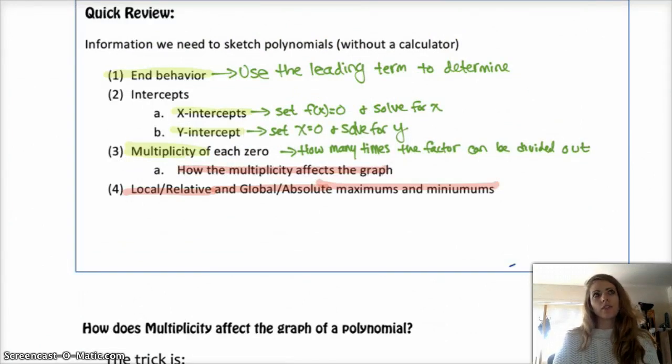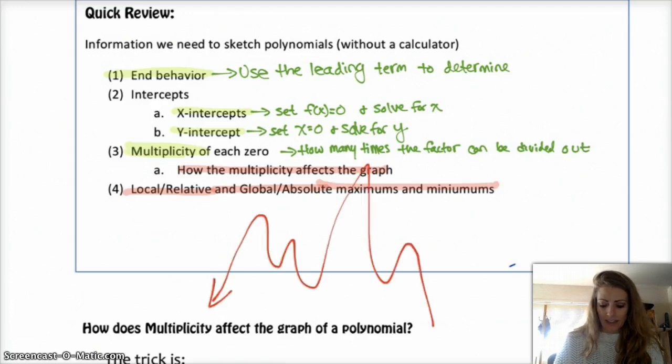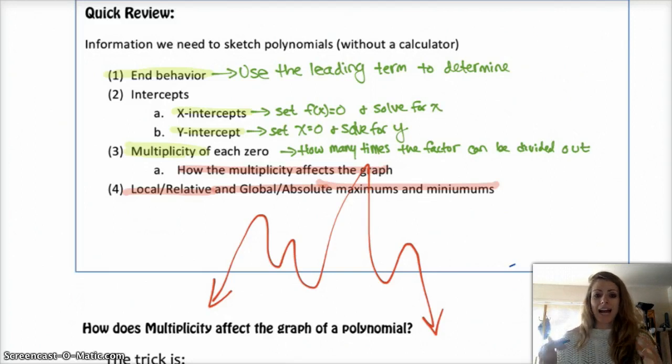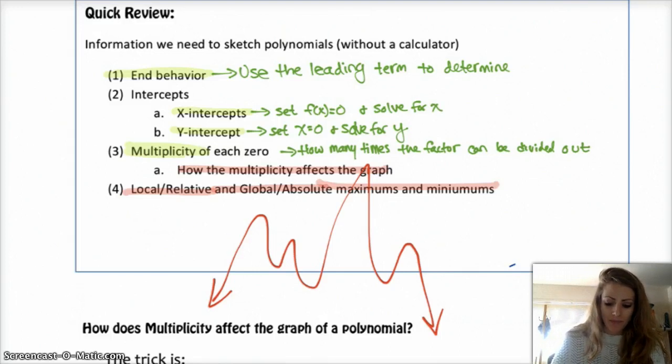You can have two different types of maximums or minimums. Say, for example, I have a polynomial that looks like that. My global or absolute maximum is the highest point on the entire function. So in this case, the global or absolute maximum is whatever this point is here.